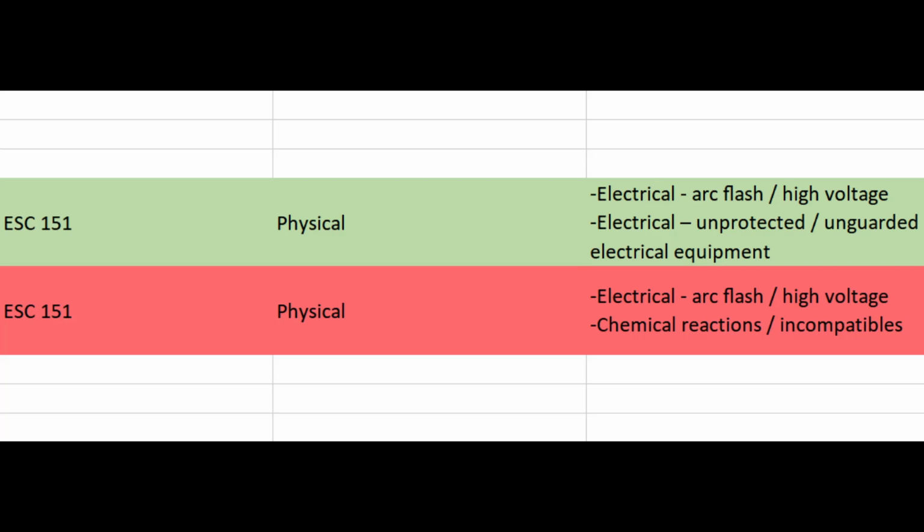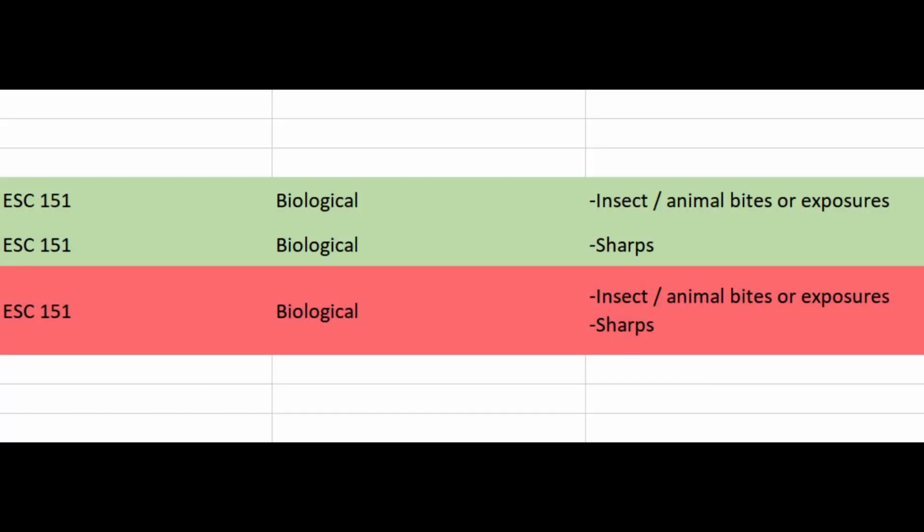Chemical reactions is a chemical hazard and would not fall under the physical category. In our other example, while insect bites and sharps are both biological hazards, they cannot be in the same hazard description as they are not related to each other and will not have the same risk rating and controls. As a result, the correct way to handle these hazards is to place them on two separate lines.